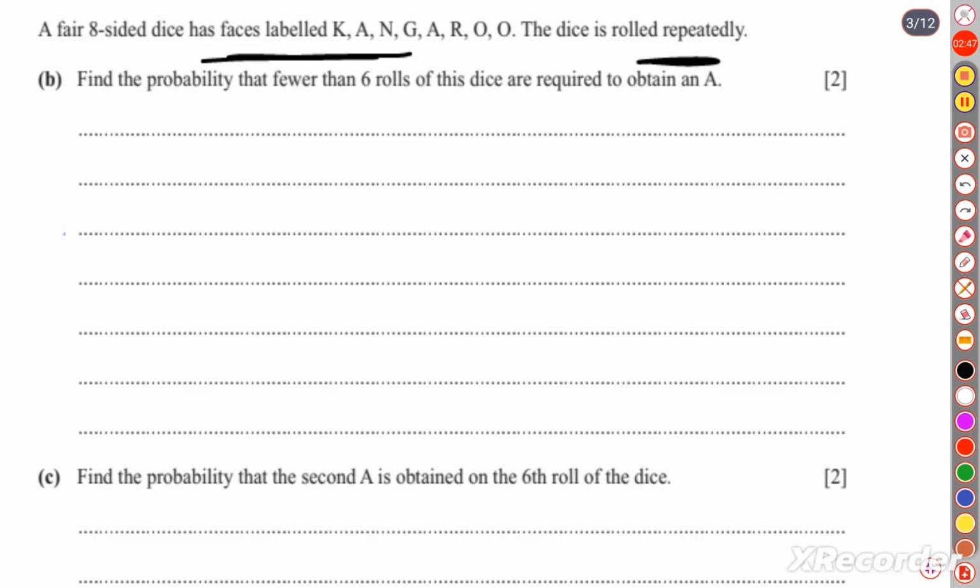So let us start our solution. Our question belongs to geometric distribution, and for geometric distribution the parameter is nothing but the probability. Our desired outcome is A. So how many A's are there? There are 2 A's out of 8. That means 2 over 8 is our probability, which is 1 over 4.